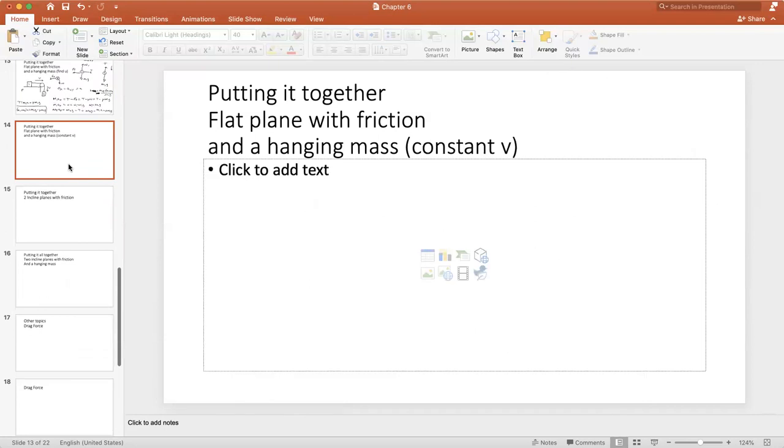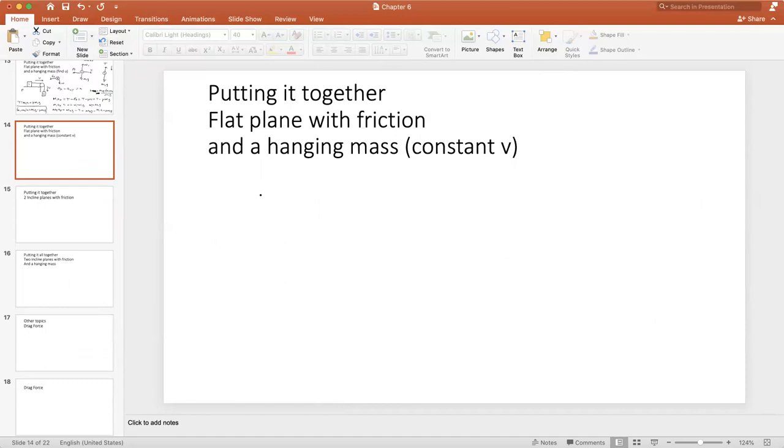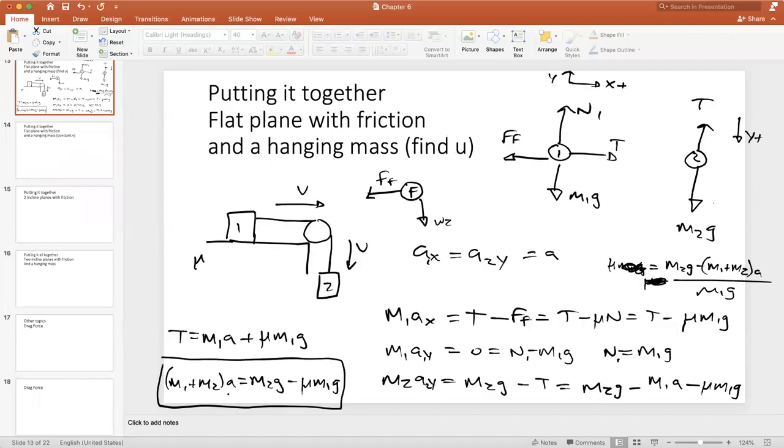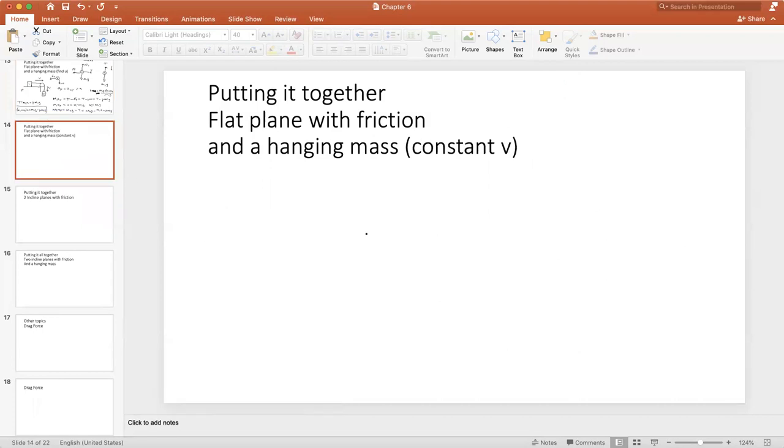Yeah, I wrote a bunch of examples here. I don't know how many I want to do, but flat plane with friction and a hanging mass, we just did that. Constant velocity would be that a would go away, so this side would be 0, and you would get 0 is m2g minus mu m1g.